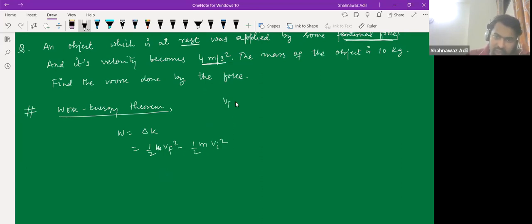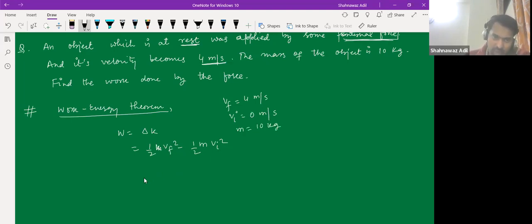We know v final is 4 meter per second and v initial is 0. Mass is also given, which is 10 kg.